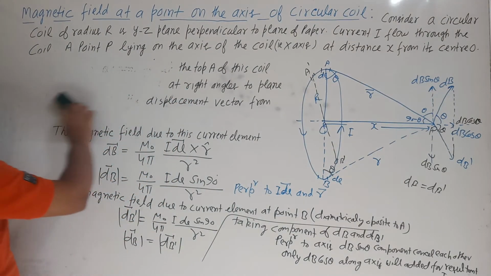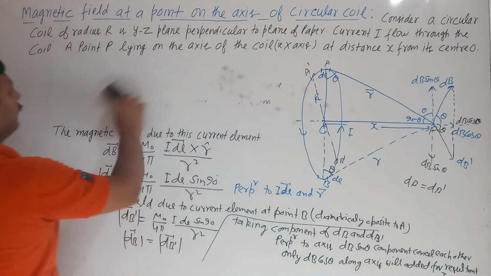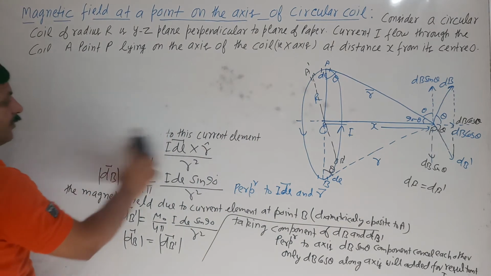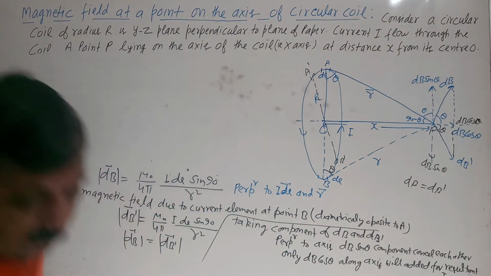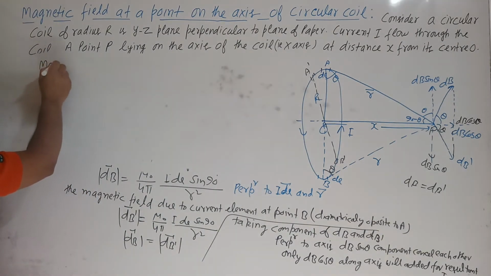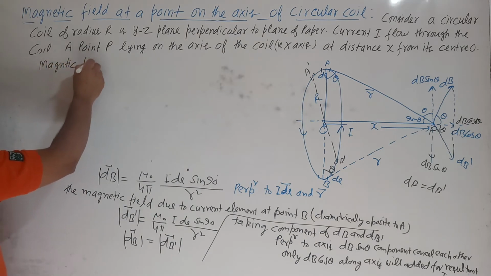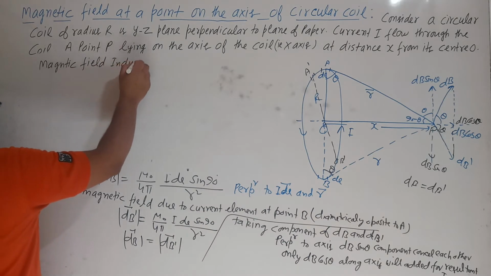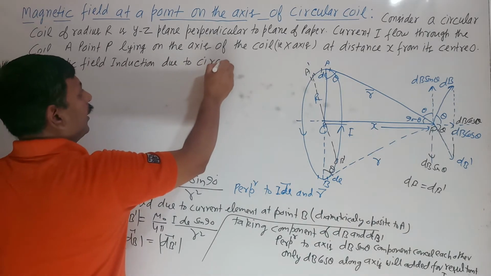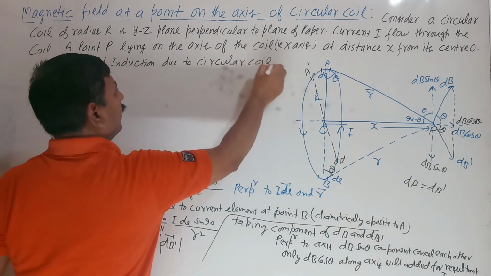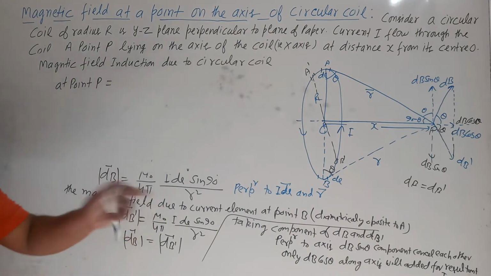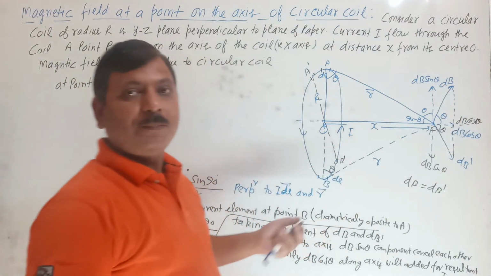If we go for the resultant intensity of magnetic field, the magnetic field induction due to the circular coil at point P will be the summation of all the components dB cos theta.